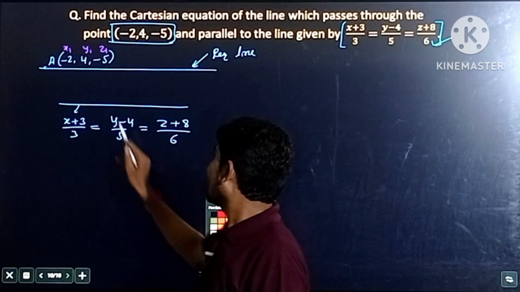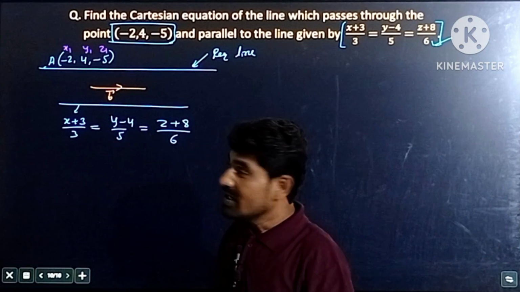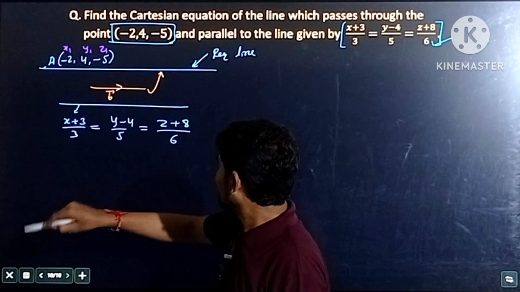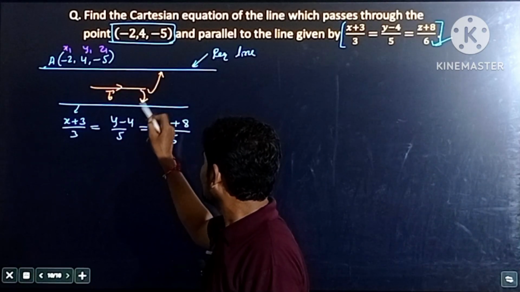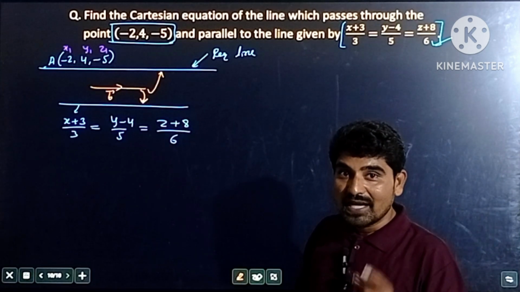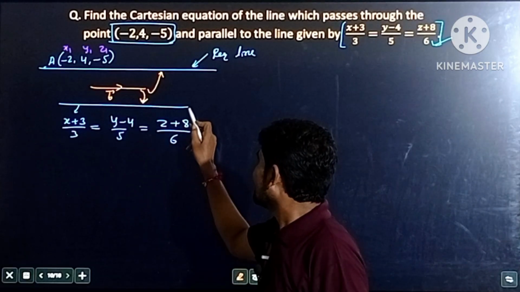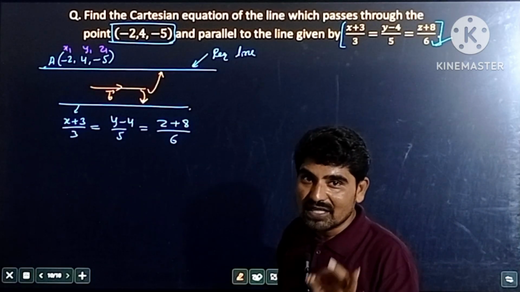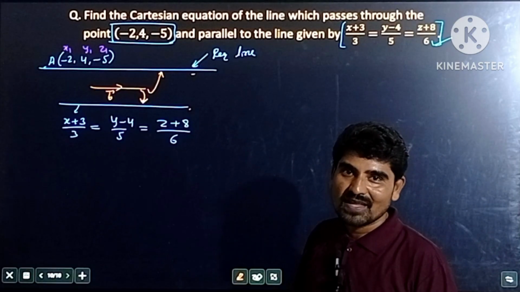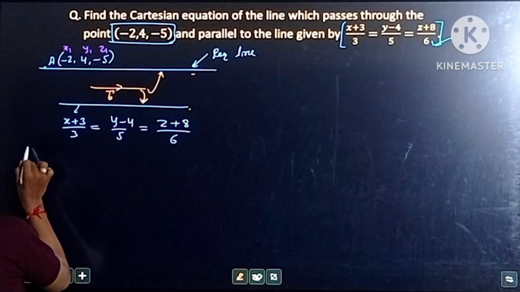Suppose this is a parallel vector b vector. If this b vector is parallel to the required line, definitely it is parallel to the given line also, because both of these lines are parallel to each other. It means the direction ratios of the given line are the direction ratios of the required line. And here the direction ratios of the given line are 3, 5, 6.